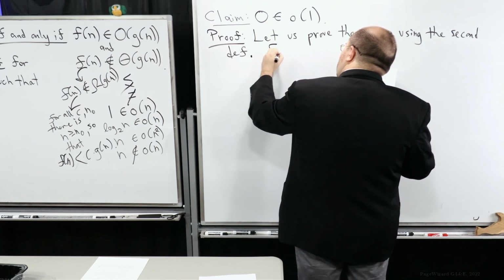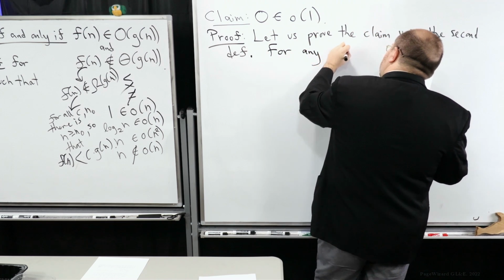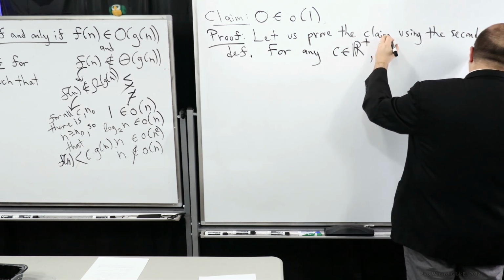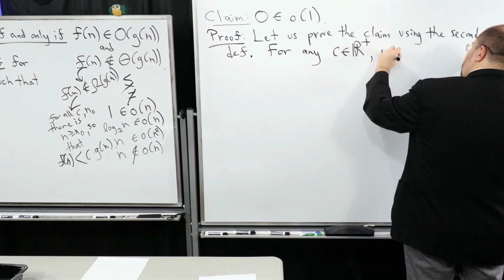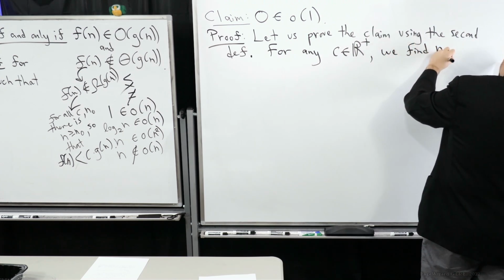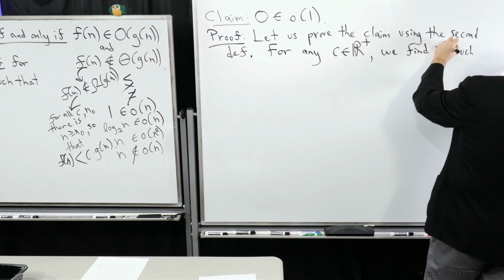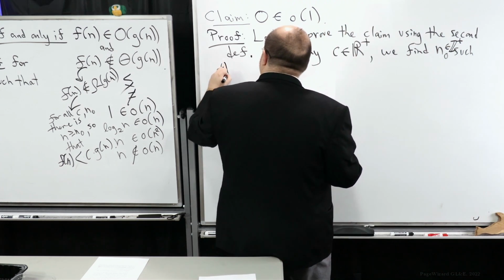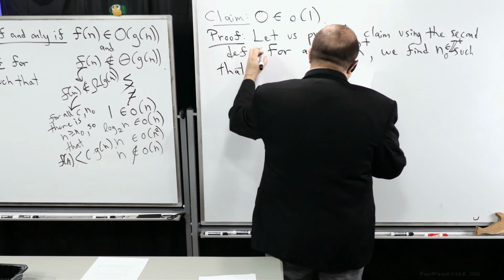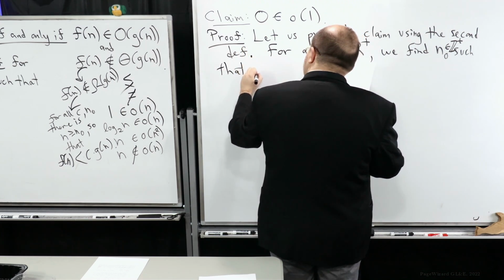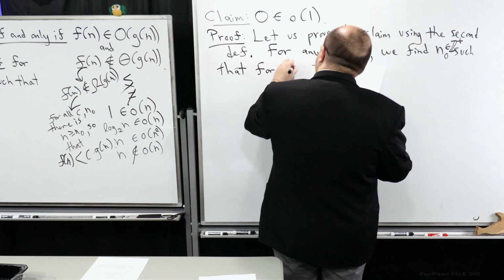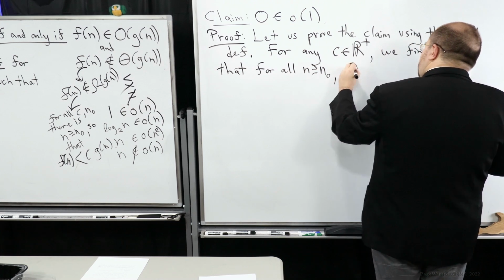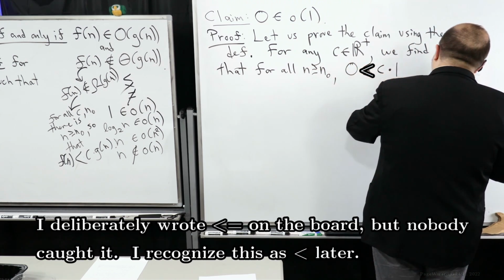So, for any c, which is a positive real number, we find n0, which I must stress is a positive integer, such that for all n greater or equal to n0, 0 is going to be less than or equal to c times 1.